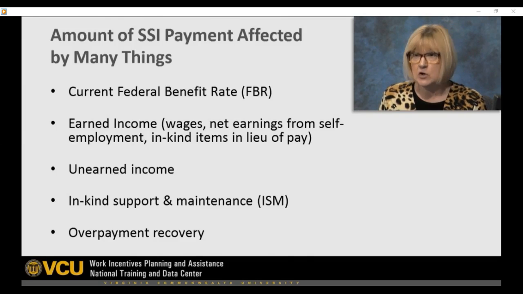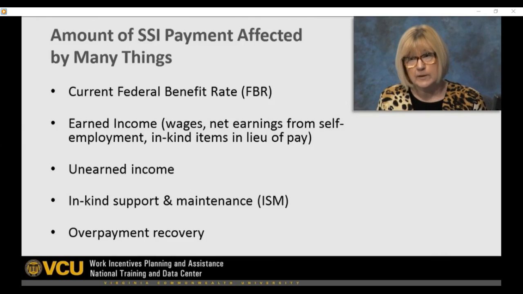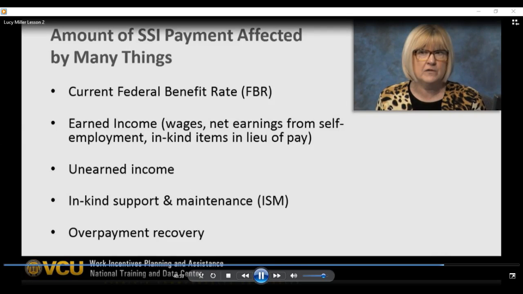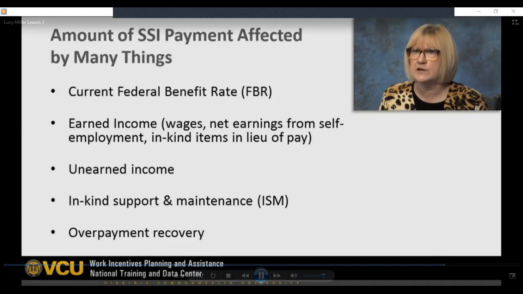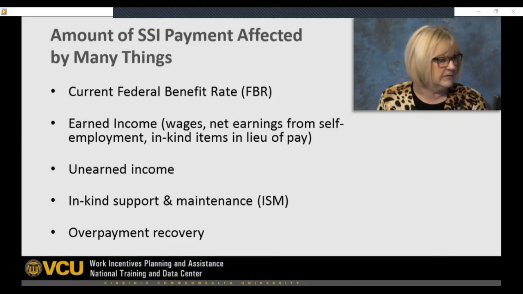And it can cause the reduction of your SSI cash payment. There are so many complex rules around that. That's kind of the most that we say about it. We do provide you with some additional resources, and we cover this in greater detail in lesson 4. So if you have a dying need to know more about in-kind support and maintenance, we'll cover it to some extent then.